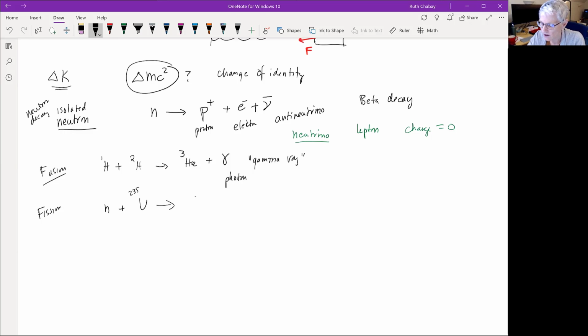It can make things like barium-141 and krypton-92 and 3 more neutrons, or it could decay into palladium, which is 118, I think. So there are lots of ways it can decay, but when the uranium nucleus gets tickled by a neutron and falls apart like this, energy is released. So there are lots of ways in which this can happen.